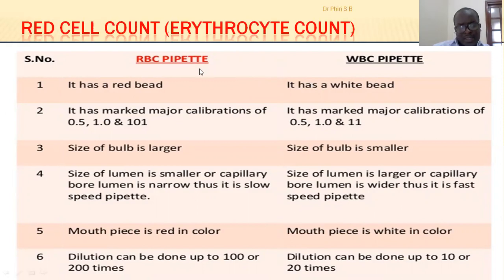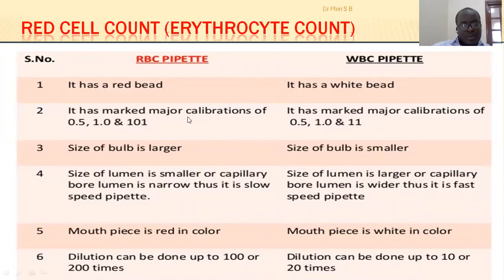Red blood cell pipette has marked major calibrations of 0.5, 1.0, and 101. That of white blood cell has major calibrations of 0.5, 1, and 11.